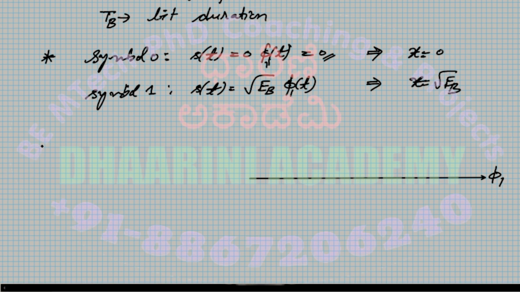That's why I'll write another point here. This makes things more clear. So therefore, the coordinates of 0 and 1 can be written like this. For symbol 0, I'll write one coordinate.